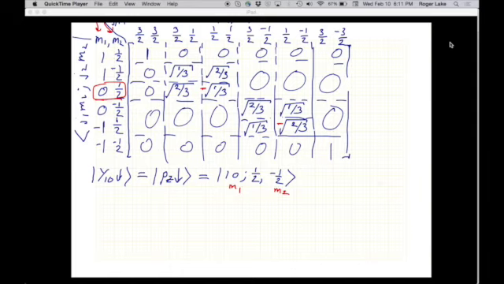And so I go up to my table. Here's the 0, -1/2 state over here. So I just go across that row until I find some non-zero matrix elements.